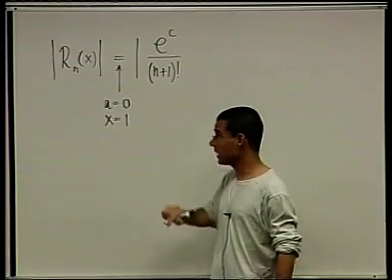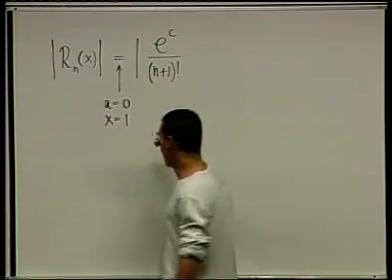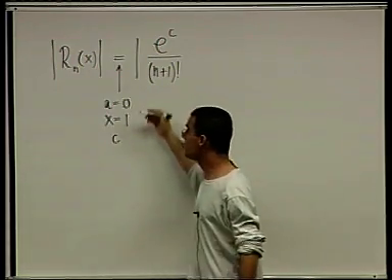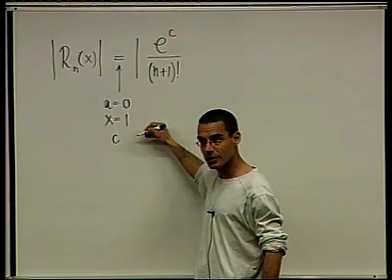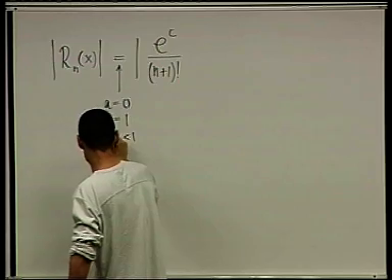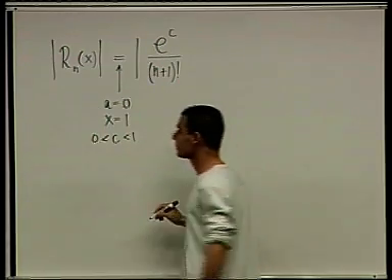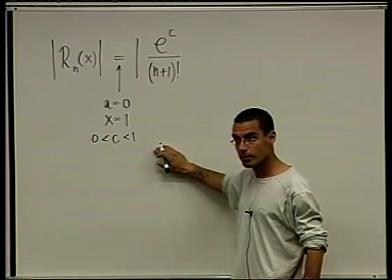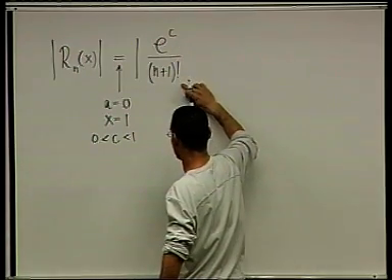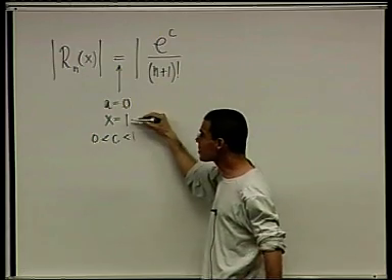We're putting x equals 1. What do I know about c by the theorem? c is between a and x, right? So c is between 1 and 0. Do you agree?